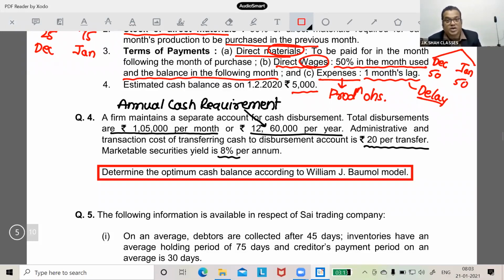First, you have to learn this concept of what precisely is this optimum cash balance. Otherwise, we have nothing to do in this question. What is this annual cash requirement? What is this transaction cost? And what is this marketable security yield? Unless we talk about this, nothing can be done. So let's go ahead and do it.